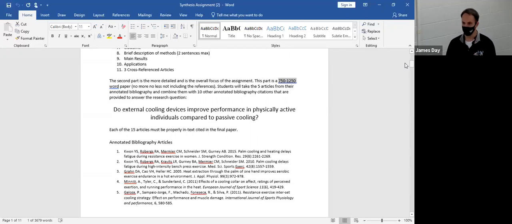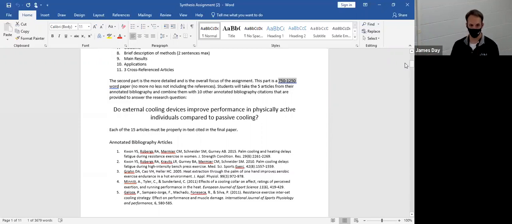For both parts of this, I would like you to create 2 documents, and you will upload both. One is the annotated bibliography and a second document is the paper. The annotated bibliography in one document, save it, upload it. Paper, second document, save it, upload it.